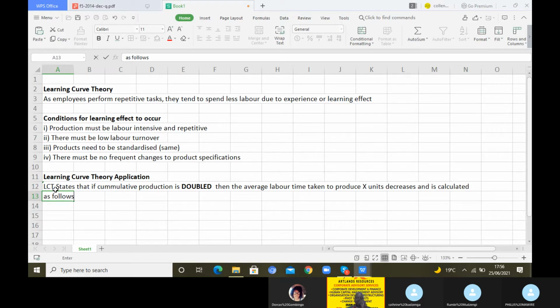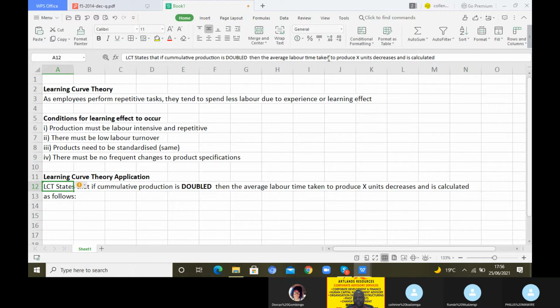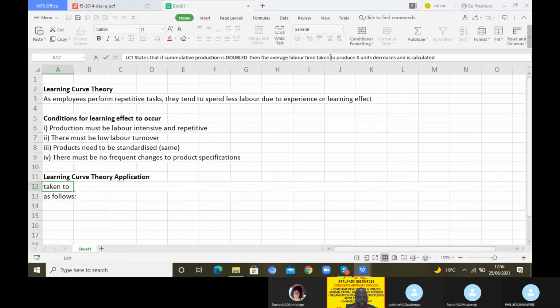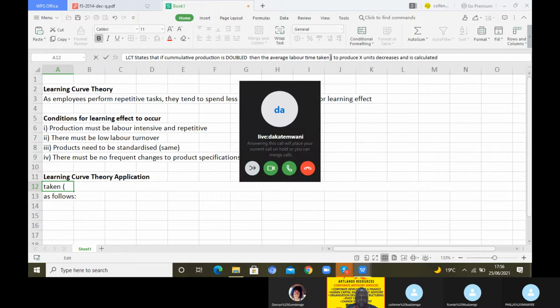So in your exam, we give you the learning curve theory, so it's really not an issue. The average labor time taken to produce X units. So we are saying the average labor time taken, let's say Y hours.